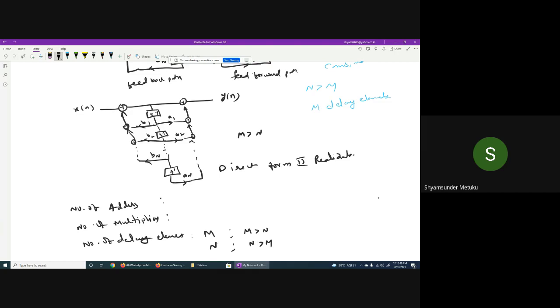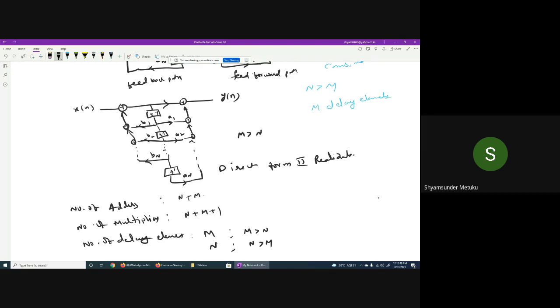Number of multipliers: a0 to am, so m plus 1 multipliers are required. Here b1 to bn, so only n multipliers, so the total number of multipliers is m plus n plus 1. Coming to adders, m plus n: here total n adders, here m adders.